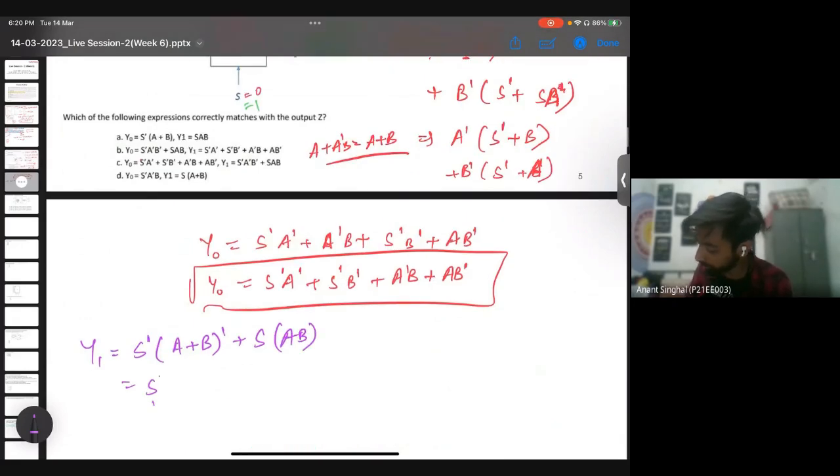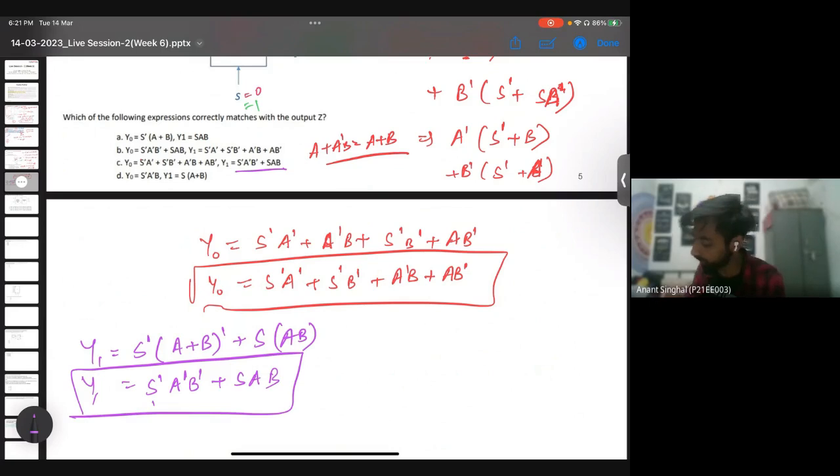If I simplify it, a plus b whole bar is nothing but a bar into b bar, and then this is sab, which is present in one of the options. So the final answer for y1 is s bar a bar b bar plus sab, and y naught is nothing but s bar a bar. So we'll check: s bar a bar is there, s bar b bar is there, then a bar b is there, and a b bar is there. So the correct answer to this question is option number C.